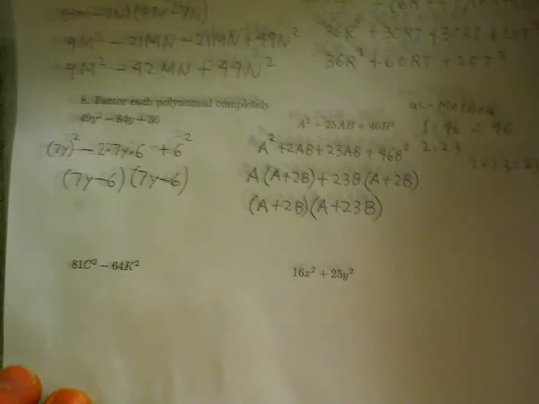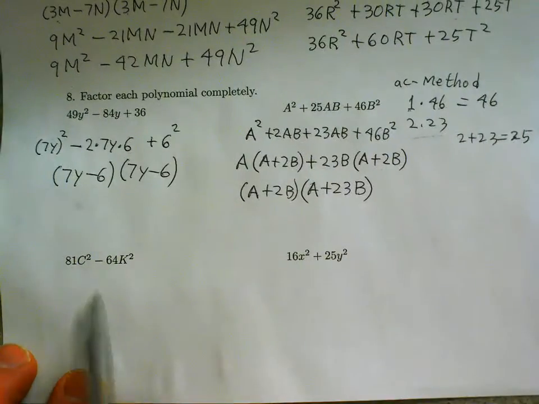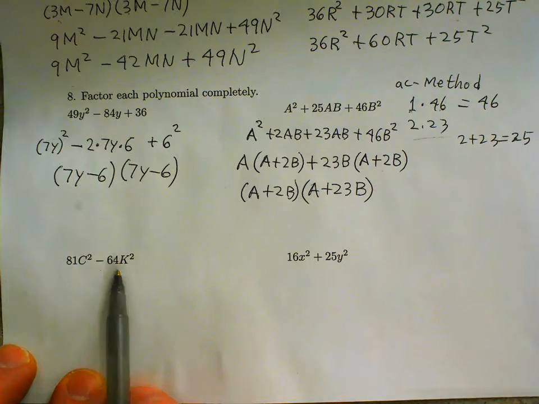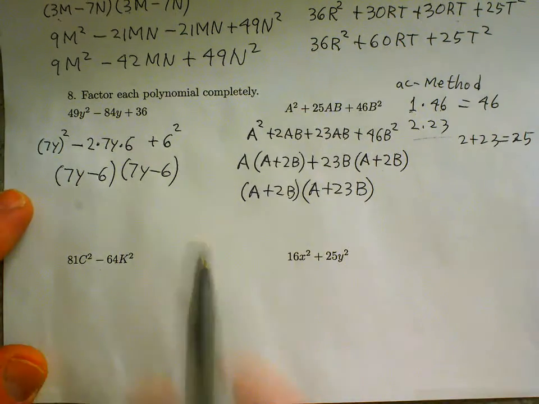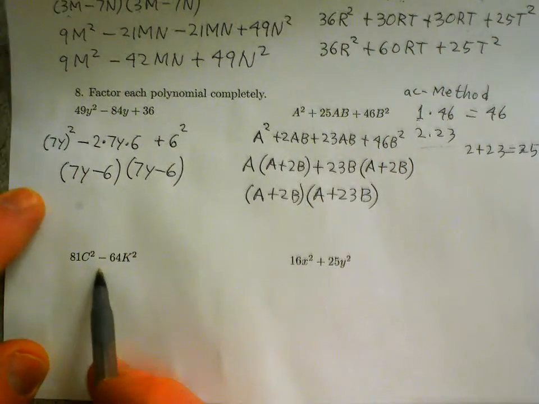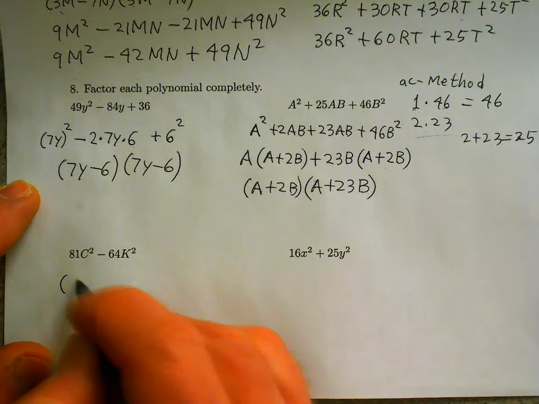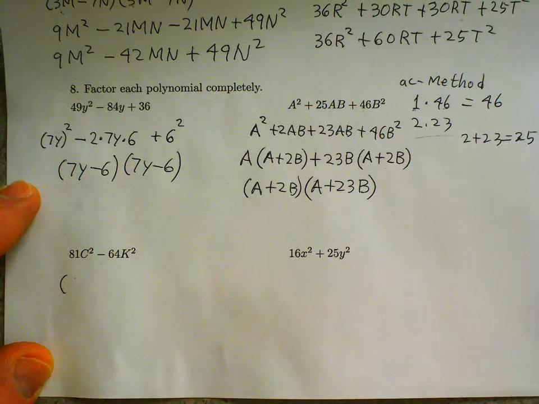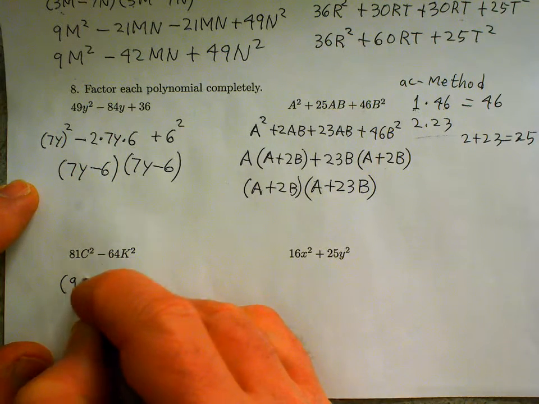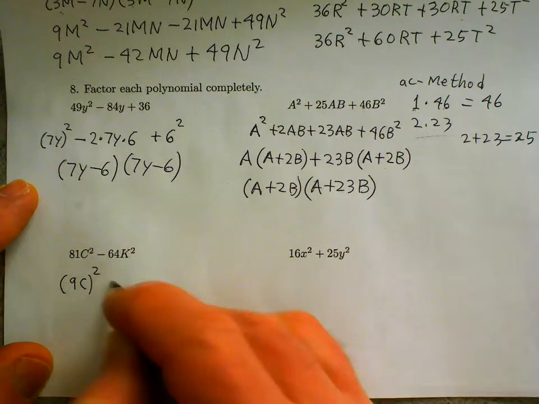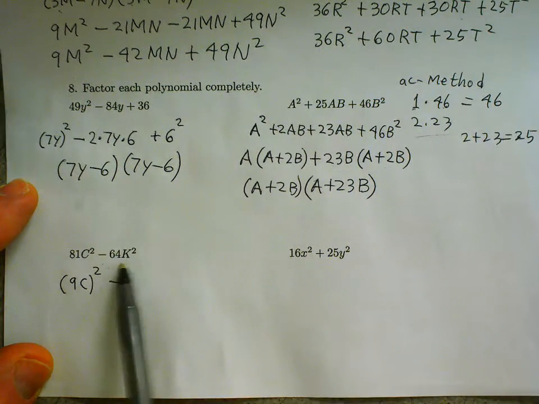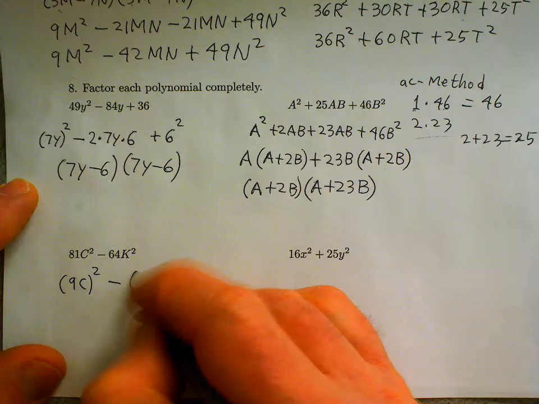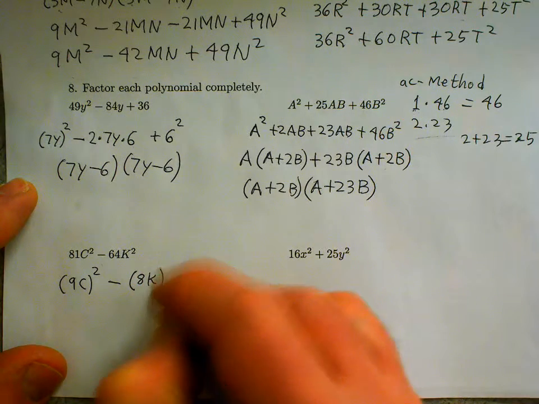Okay, the next one, 81c to the second minus 64k to the second. This is a difference of squares, so we can rewrite 81c to the second as squaring the term 9c. And 64k to the second, we can rewrite that as 8k to the second.